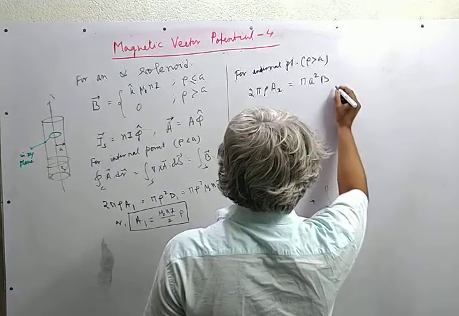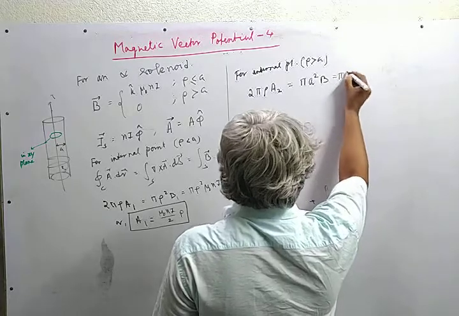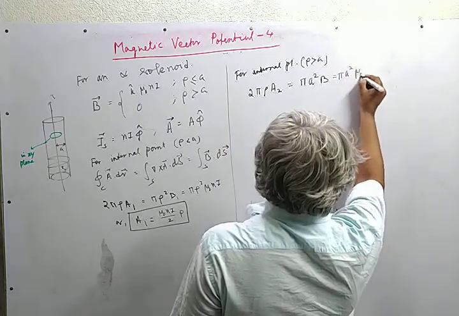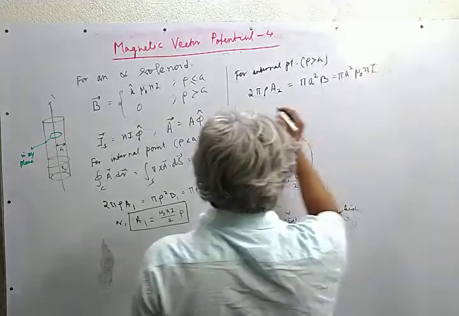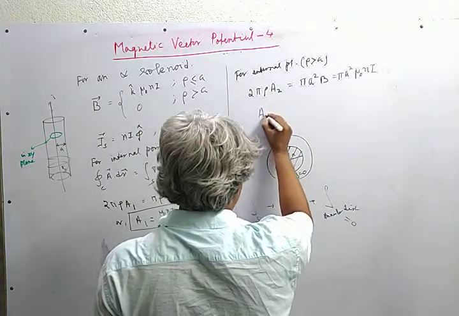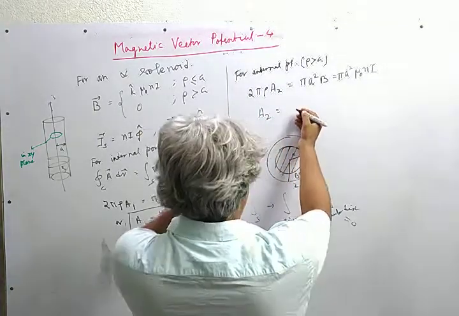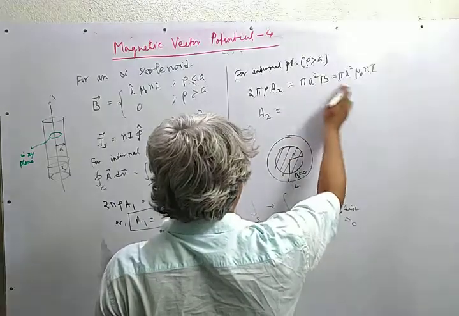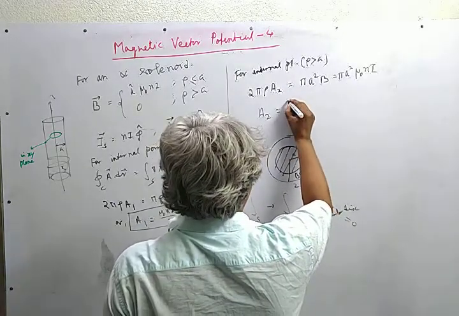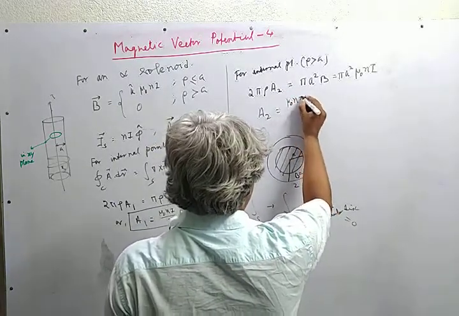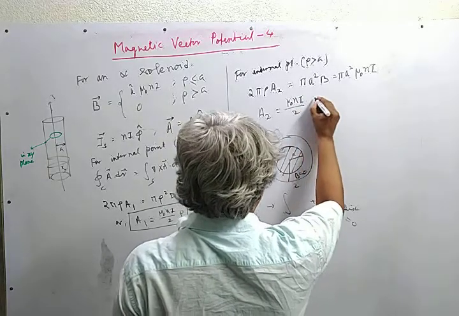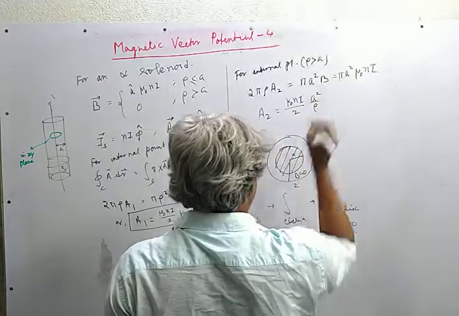So this is mu 0 n I times pi A square. On simplification we get A2, where pi cancels out, equal to mu 0 n I by 2 times A square by rho.